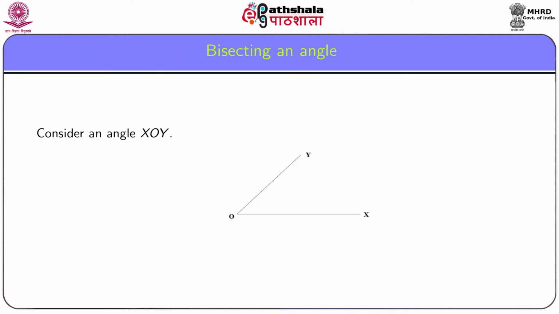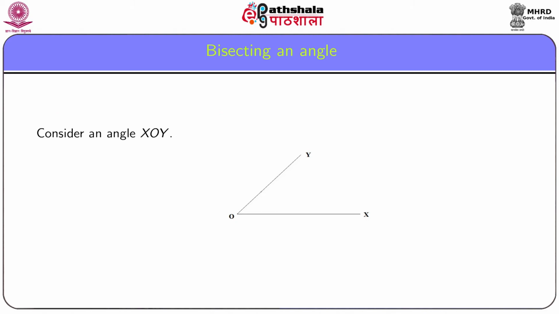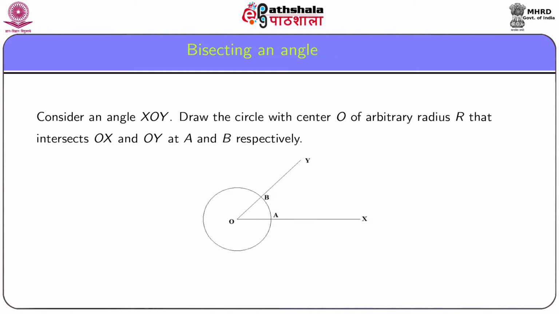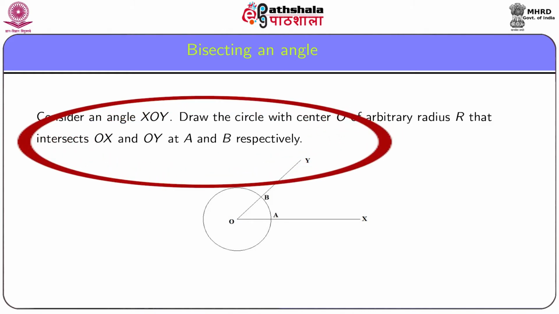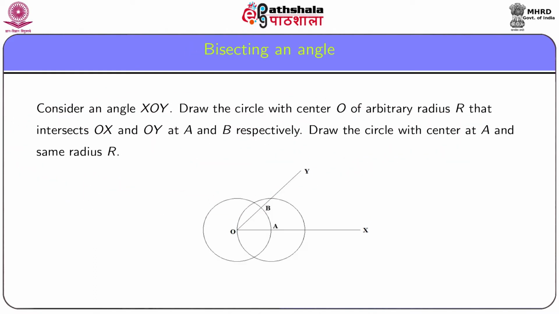Now, we demonstrate the method for constructing the bisector of an angle. Consider an arbitrary angle XOY. Then draw the circle with center O of arbitrary radius r that intersects OX at A and OY at B. Draw the circle with center at A and the same radius r.